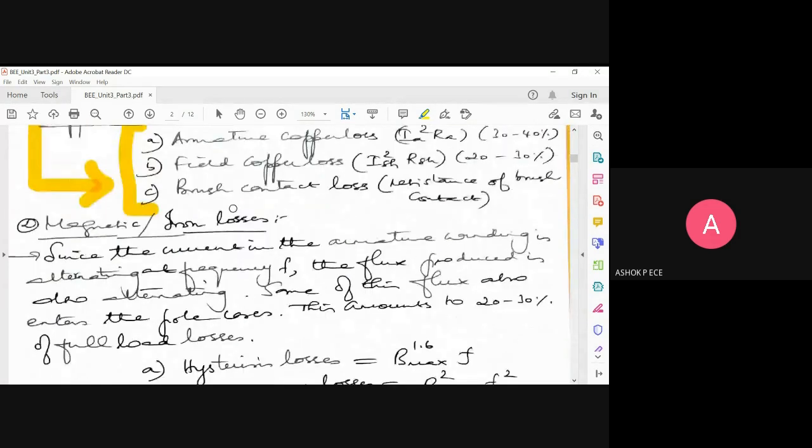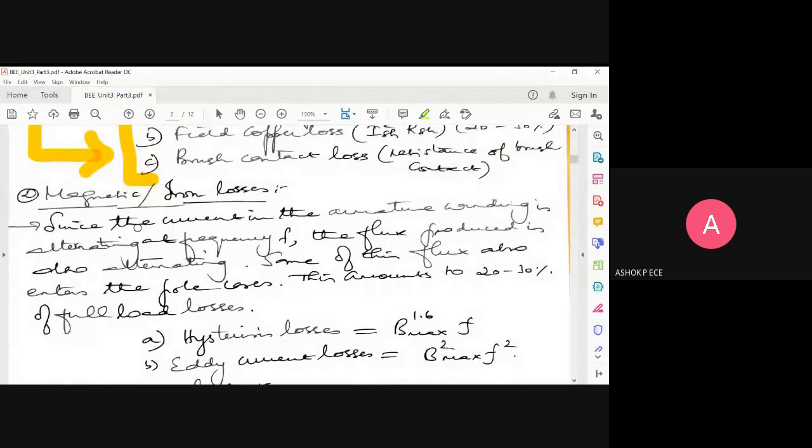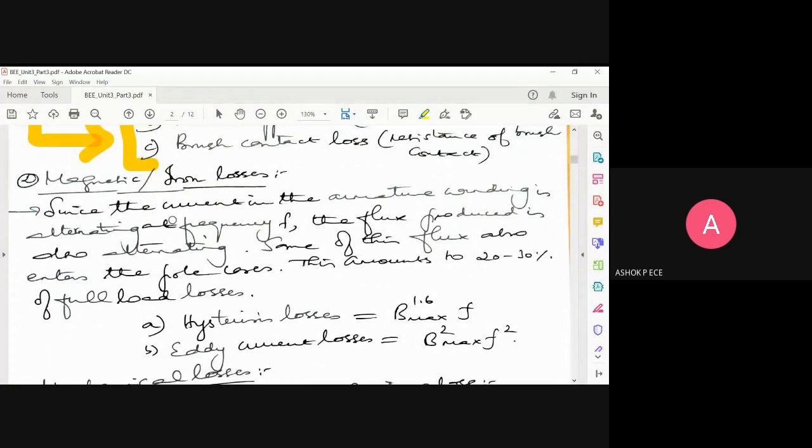Next one is magnetic or iron losses. You know that you give DC current to your field windings, but the current in the armature is AC because it is alternately cutting the magnetic lines of force. The armature rotates in a clockwise direction and cuts the magnetic lines of force produced by the current in the field windings.